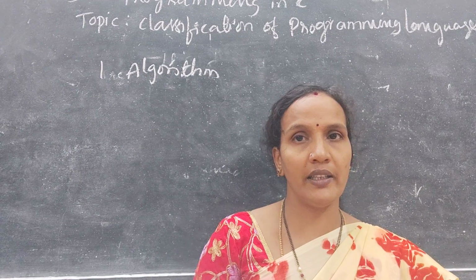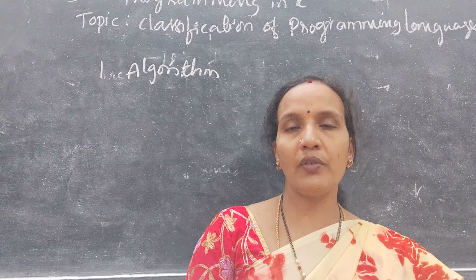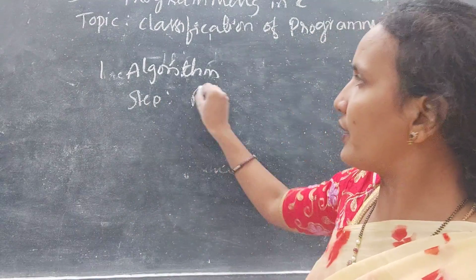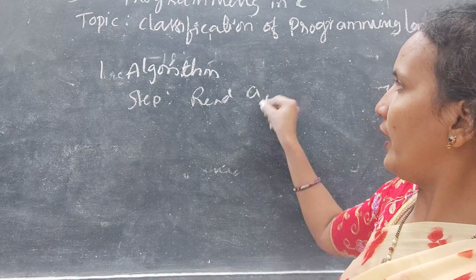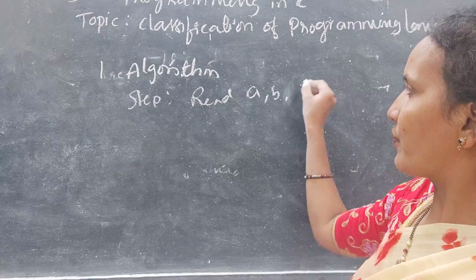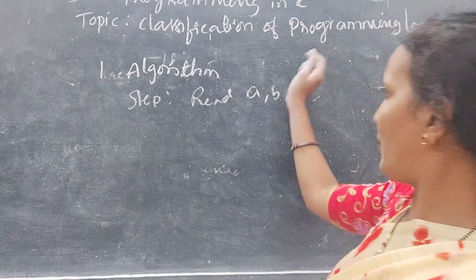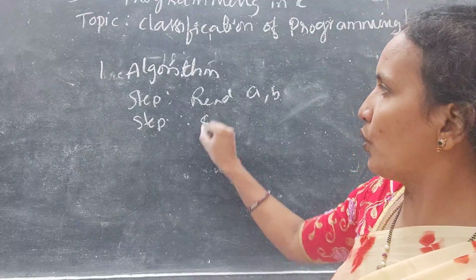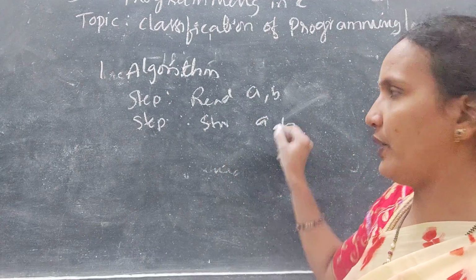Example, I want to calculate the sum of two numbers. Then what will we do? In step 1, read a, b. Next, step 2, store a, b values.